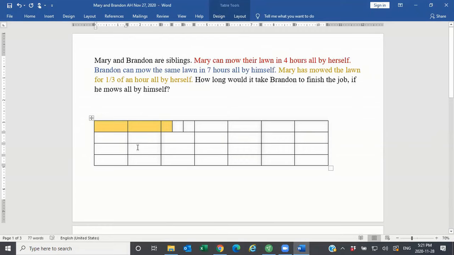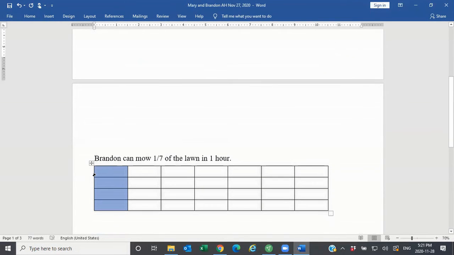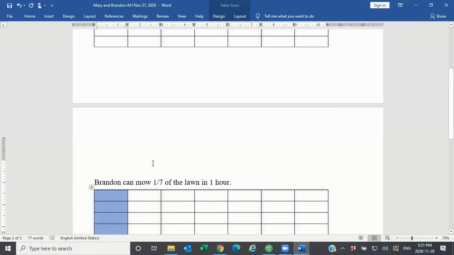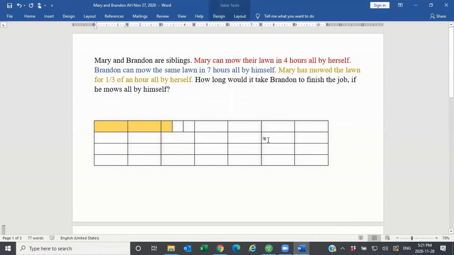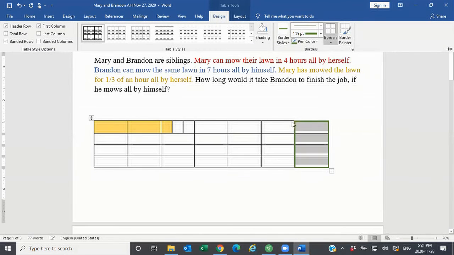Now we need to figure out how long it would take Brandon to finish the job. We found out here that Brandon can mow 1/7 of the lawn in 1 hour. 1/7 of the lawn, 1 hour for Brandon, consists of 4 cells. So if we group them into 4s, like so, that will be 1 hour.